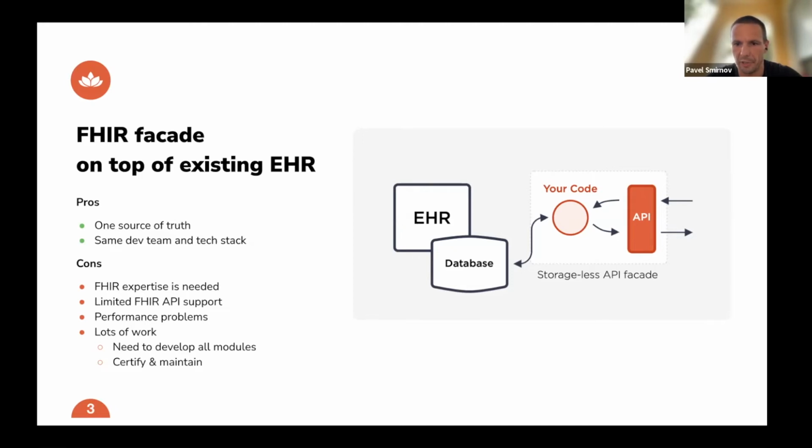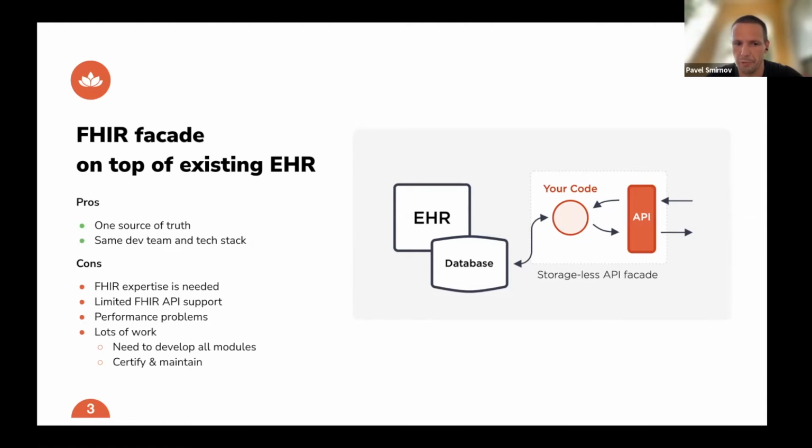And perhaps you can use the same technology stack for FHIR technology which you used for your EHR development. This is a path which you can take, but it's a hard path. I can tell you from our experience. We spent many years developing FHIR API. So you will have to grow this expertise internally, and that's not a simple task.